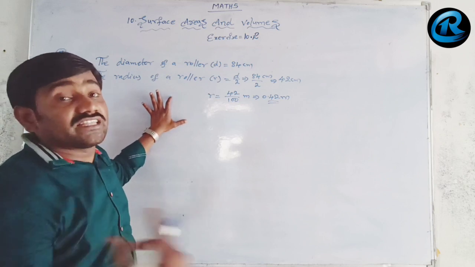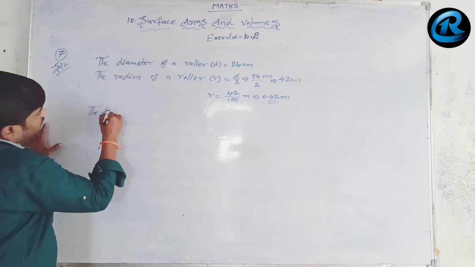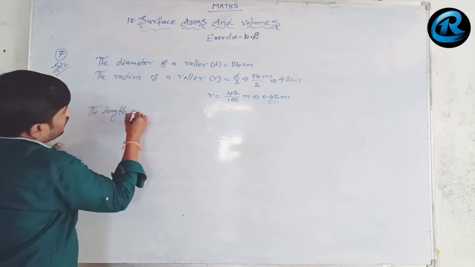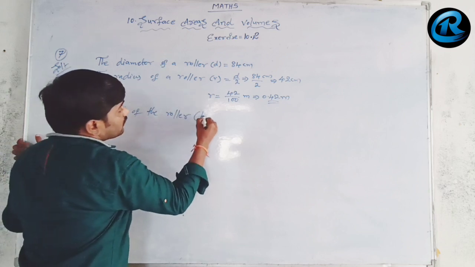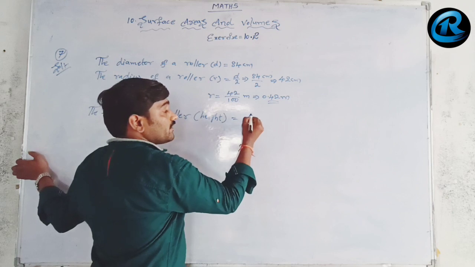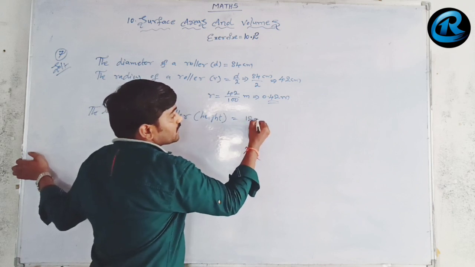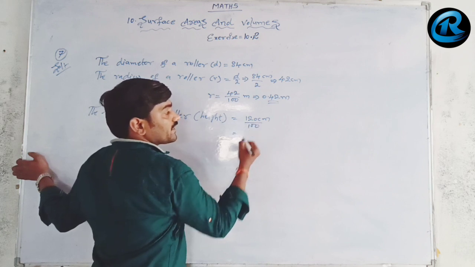Now the length of the roller, nothing but the height of the roller, is 120 centimeters. This we change into meters by dividing by 100.